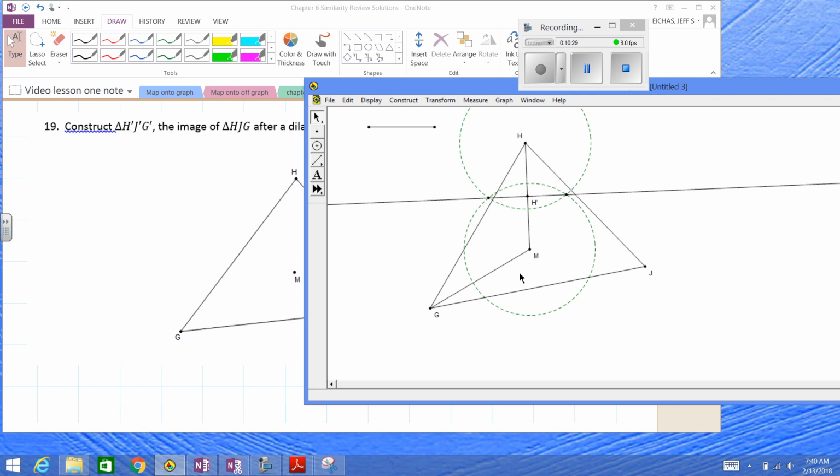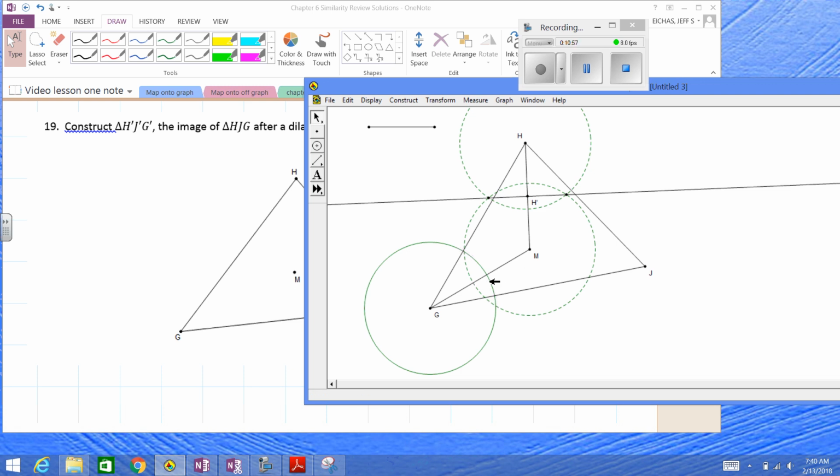The way we do that is we construct the perpendicular bisector again. So let's say we just use this same circle here. If it's big enough to overlap with the next one, let's just use it. So what we're going to do then is move our compass tool over to G, and construct the same size circle. If you use a different radius circle, what ends up happening is that you won't hit the center.